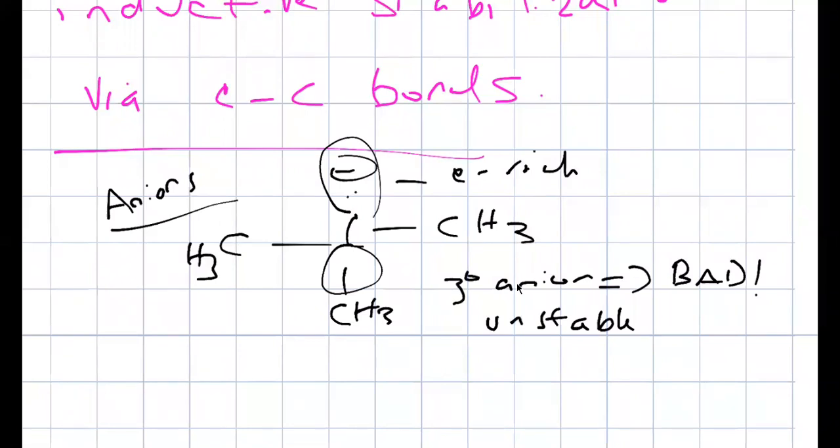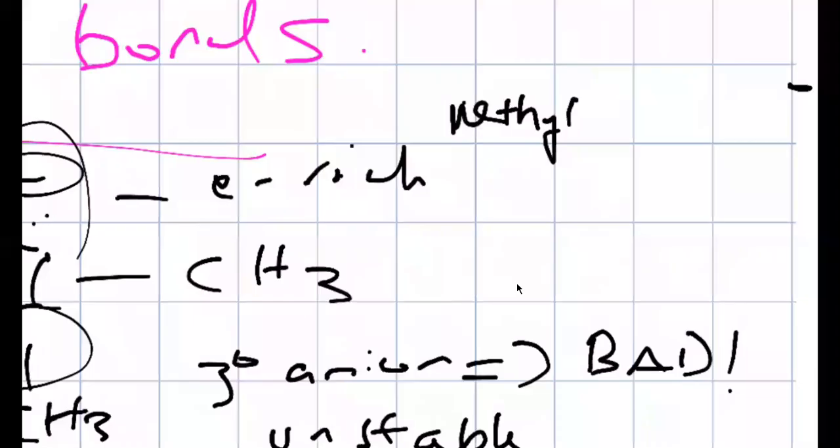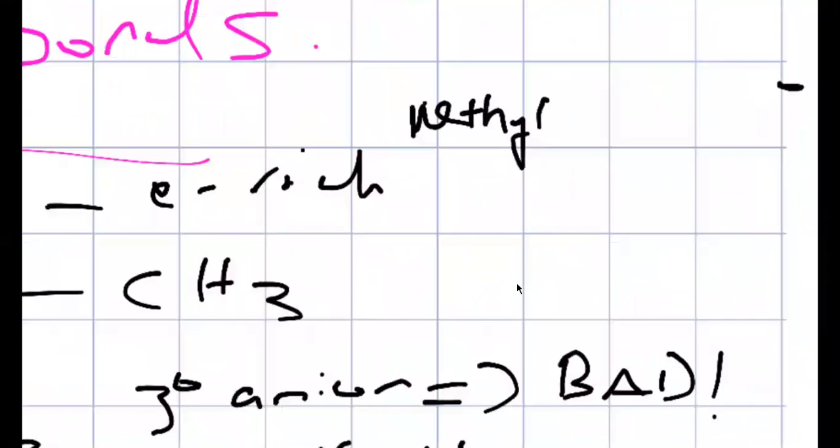So I'm gonna write that. I'm not gonna write out a whole chart, but I'll just write it like this. So methyl is the best, followed by primary, secondary, and then tertiary. All right.